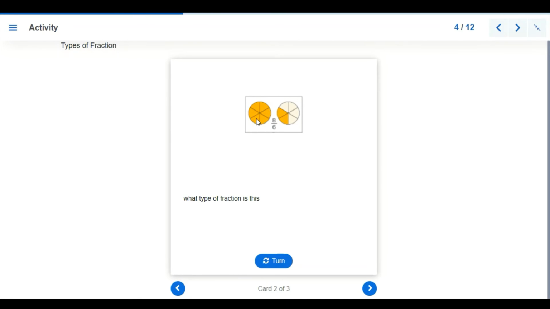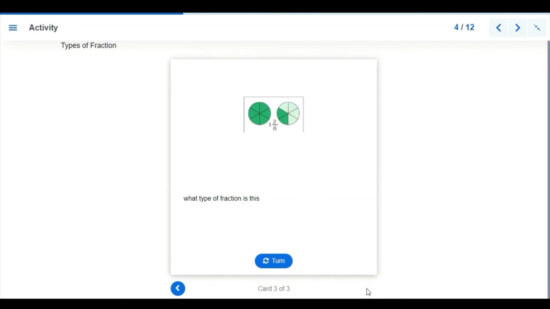Six are shaded here, and this one has two shaded here. So with 8/6, 8 is bigger and 6 is smaller, which implies that the numerator is bigger than the denominator. Which type of fraction is this? It is an improper fraction.